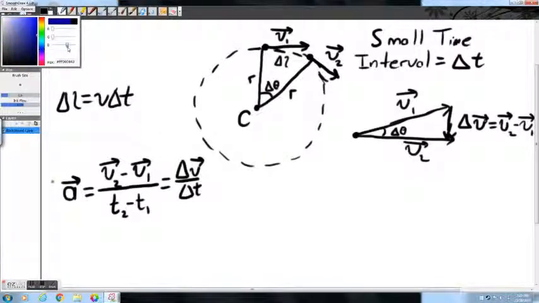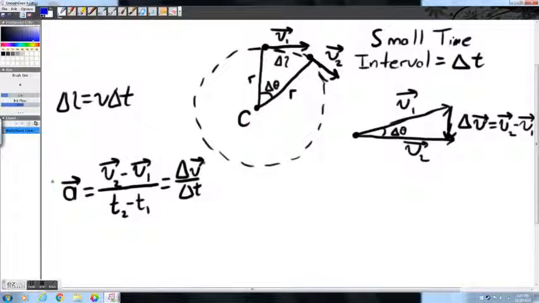So let's use blue. Okay, so this is for small times. For small times, this delta L here is going to equal the linear distance between the object's position at x1 and x2, or at time t1 and time t1 plus delta t.